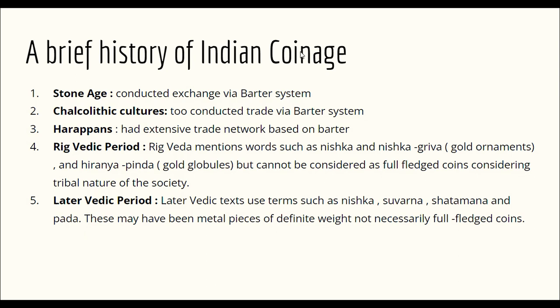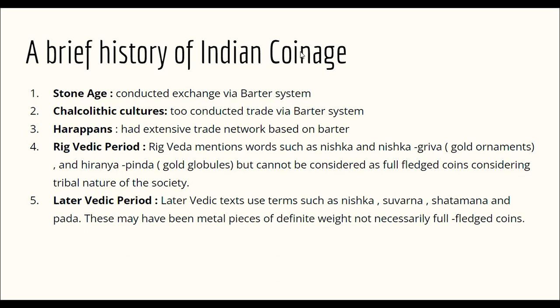So in the later Vedic text, we find references to words like Nishka again, Suvarna, Shatamana, Pada. All these are called by archaeologists or historians metal pieces of definite weight. But again, these could not necessarily be considered full-fledged coins.